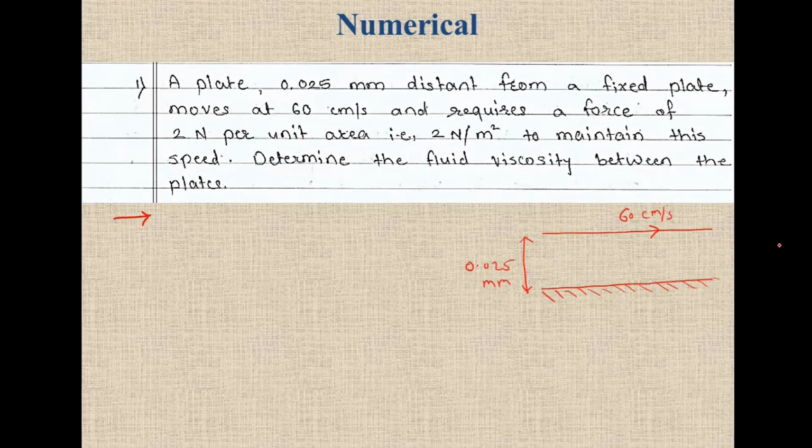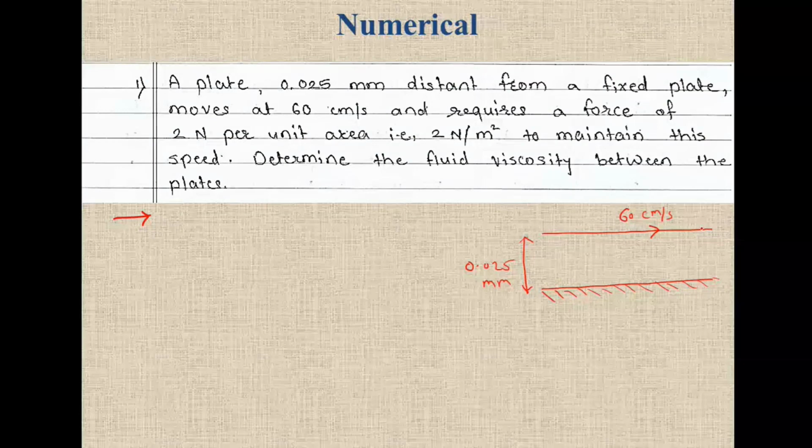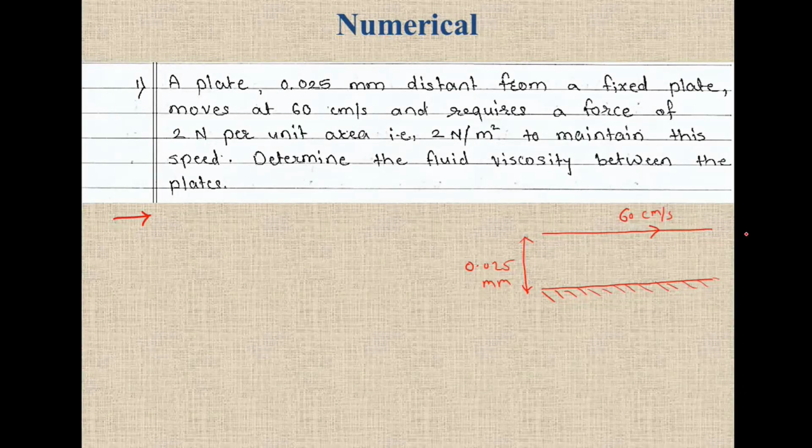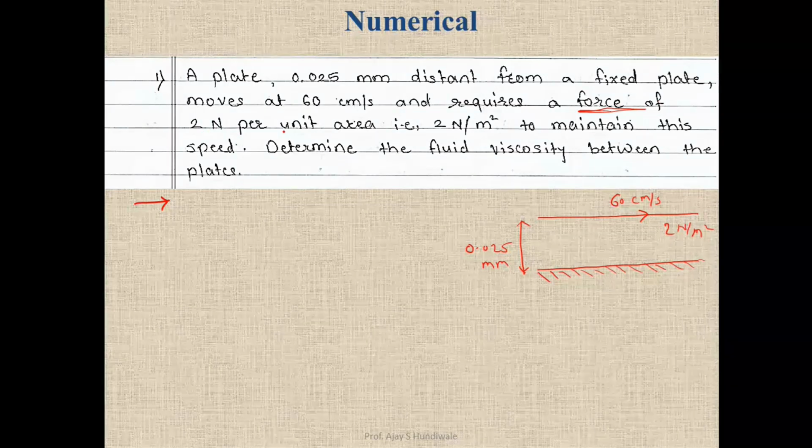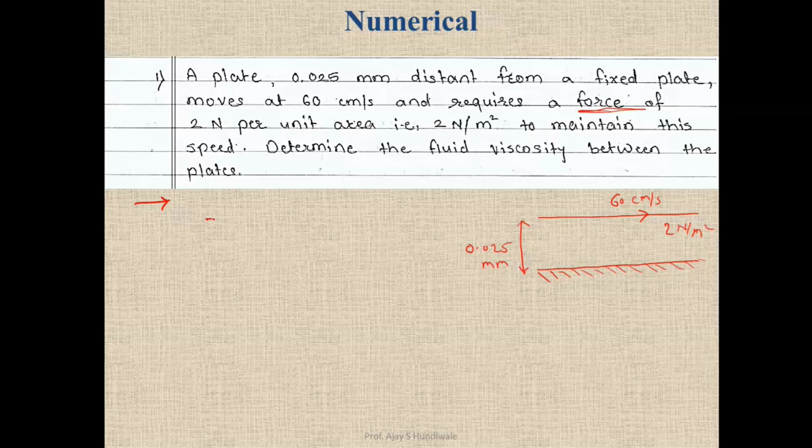So the force applied over here is 2 Newton per meter square. Here it is mentioned that it requires a force of 2 Newton per unit area. So 2 Newton per unit area, area is meter square.